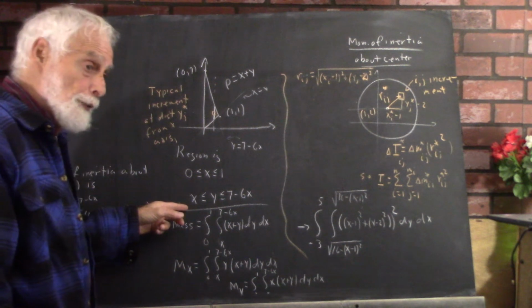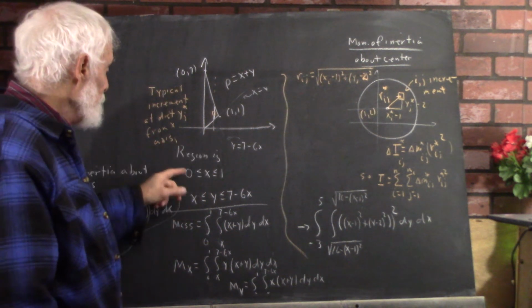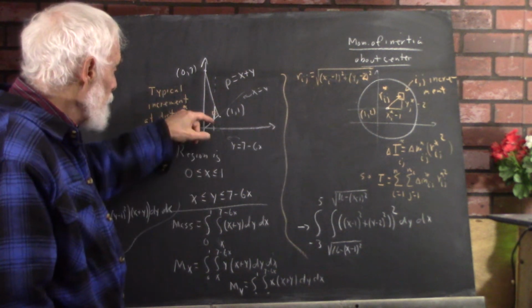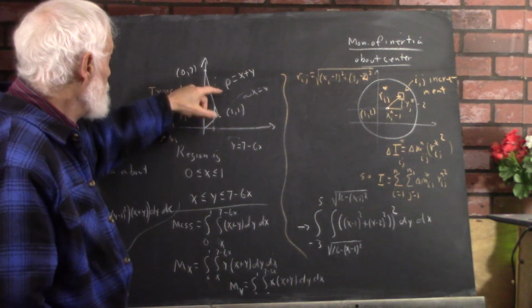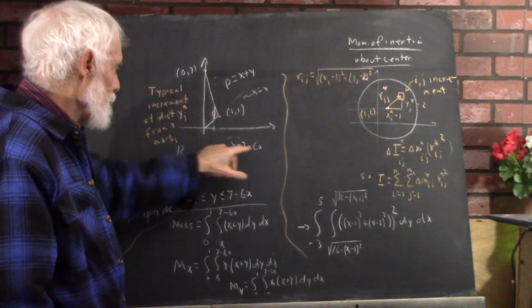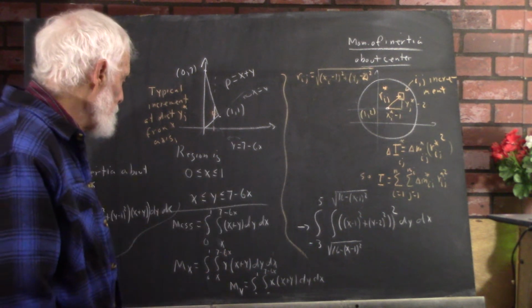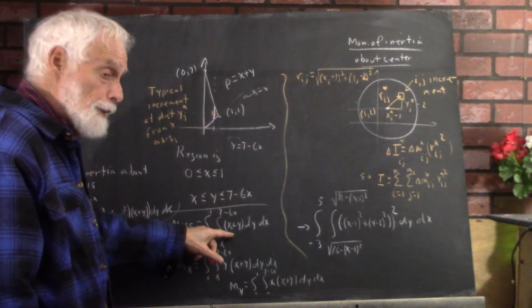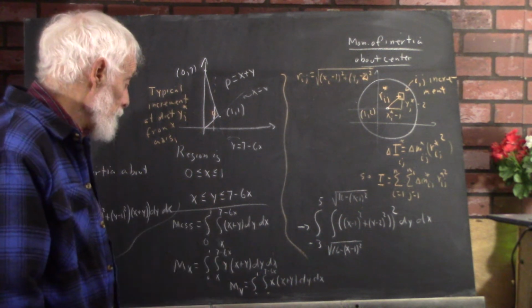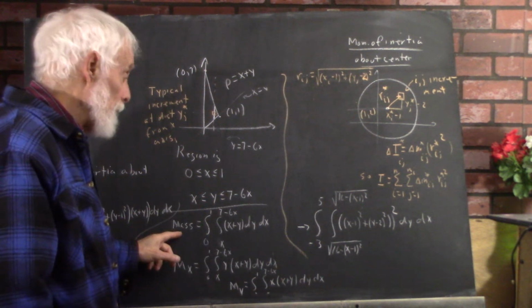With your description of the region, x goes from 0 to 1, and for any x, y goes from y equals x, up to y equals 7 minus 6x, giving us these limits on the integration. We integrate the density times the area, and there's our mass.